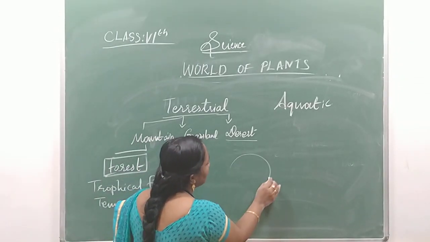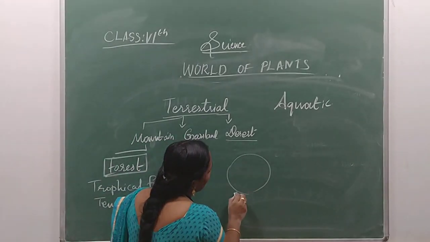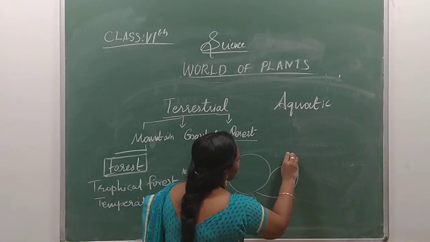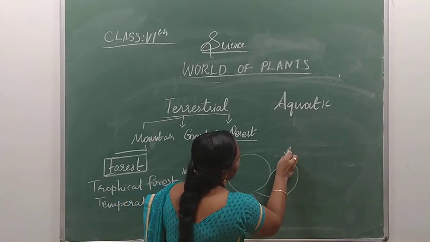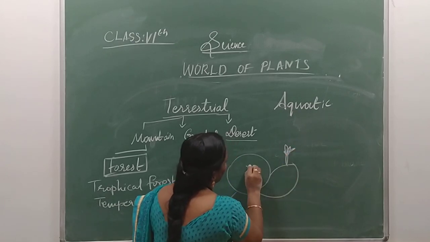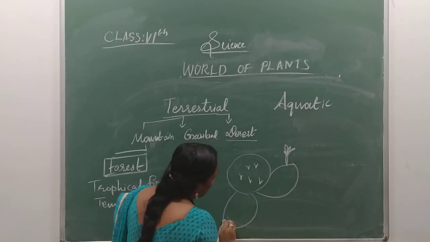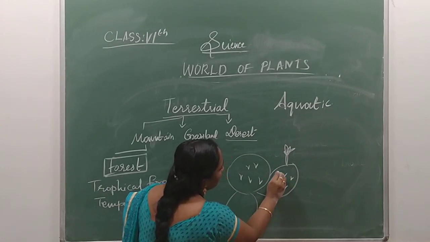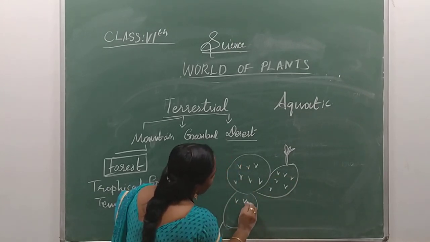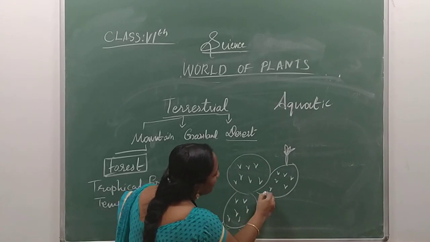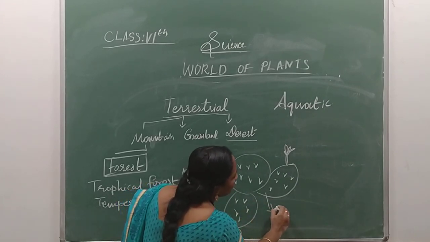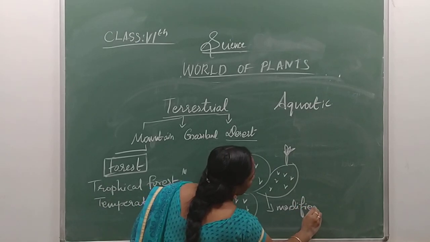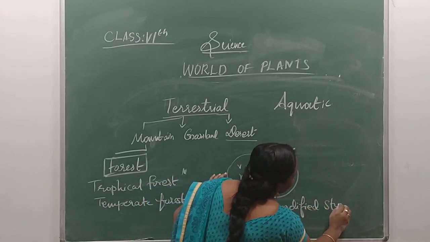Miss has already drawn this diagram. Here these are all some spines. Spines means thorns. So this leaf part is nothing but a modified stem.